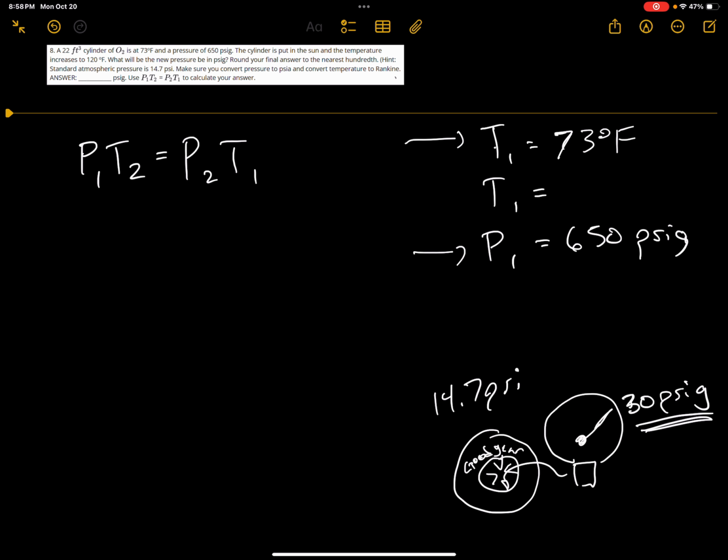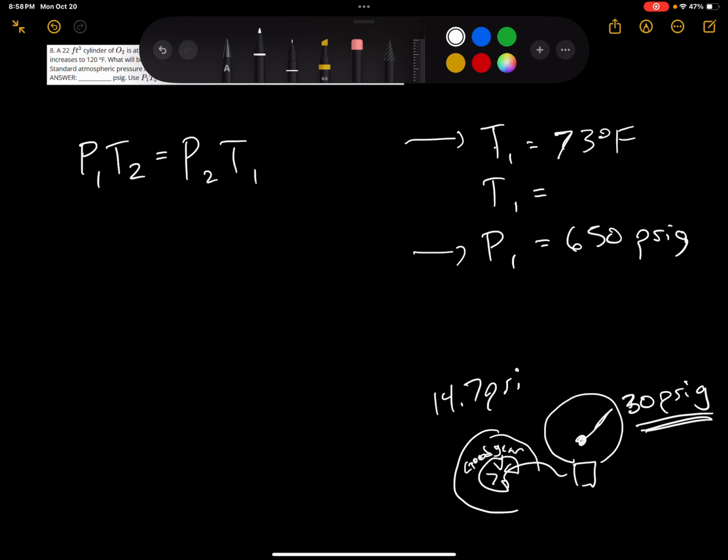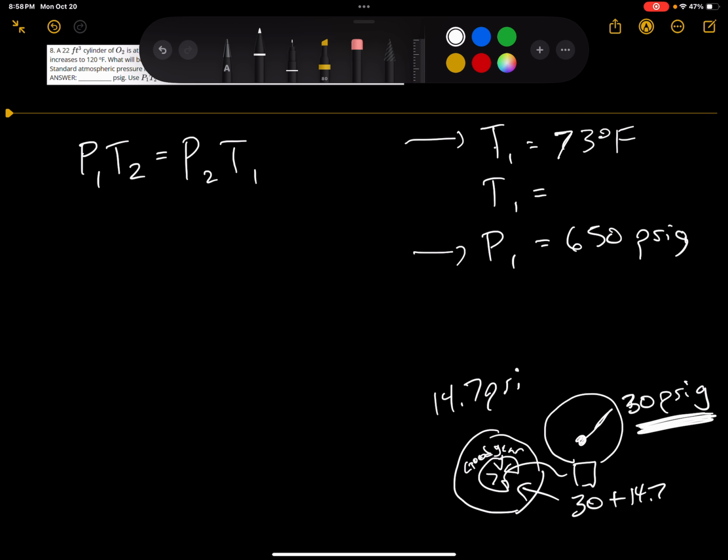So actually what's in the tire is going to be this 30 psi G, plus it does have atmospheric pressure in there, plus 14.7. So the absolute pressure in that tire is actually going to be 44.7 psi. But a gauge, again, reads the difference between these two pressures, right?